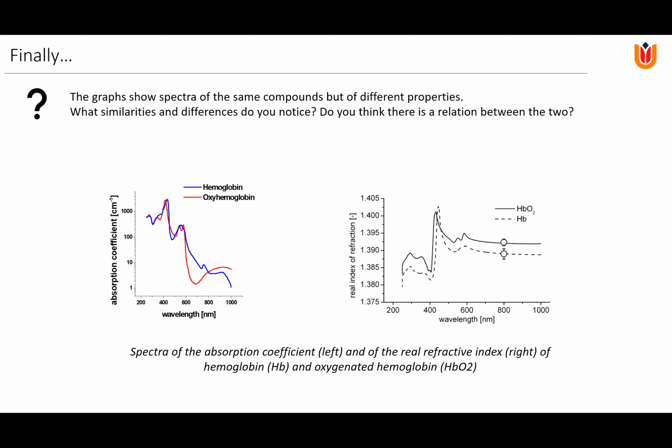The same thing you see for the oxyhemoglobin: there is this peak, valley, peak, and if you look at the refractive index, a little bit further downstream in wavelength, there is again this peak, valley, peak. For the deoxygenated hemoglobin, it is more smooth, and here we see the same.